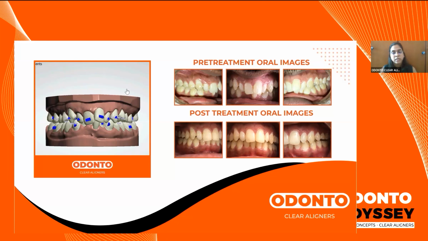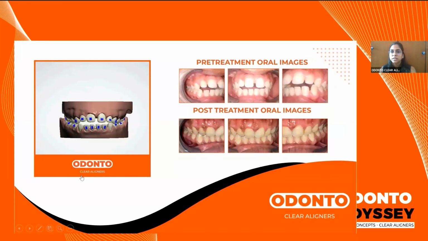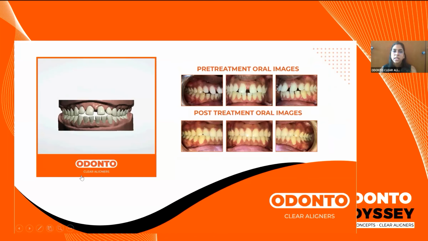In case you have closed a large diastema, like the one that I showed in one of the previous cases, then these will require permanent retention as well as your clear retainer. So giving dual retention is always better, especially in cases with a large diastema or severe crowding.